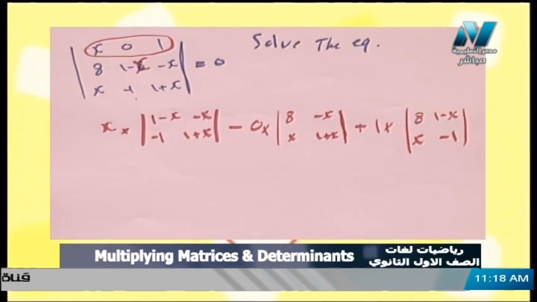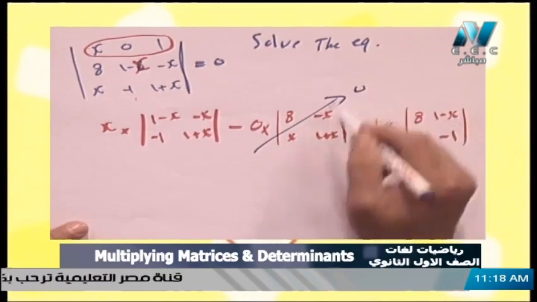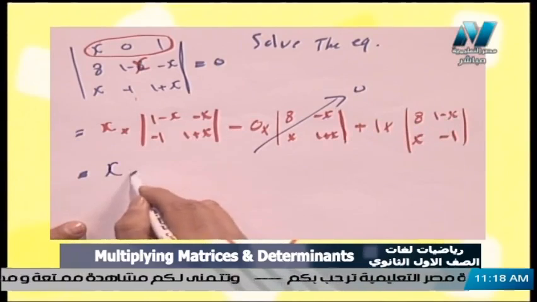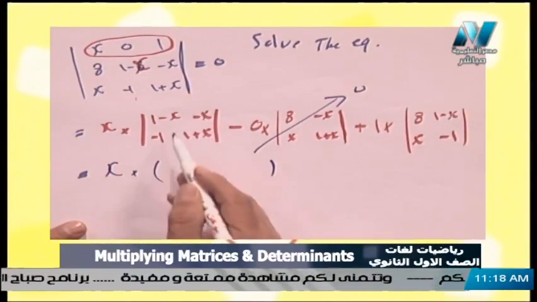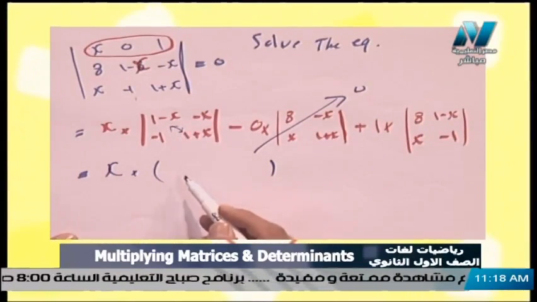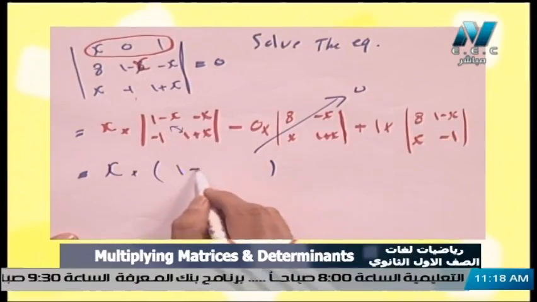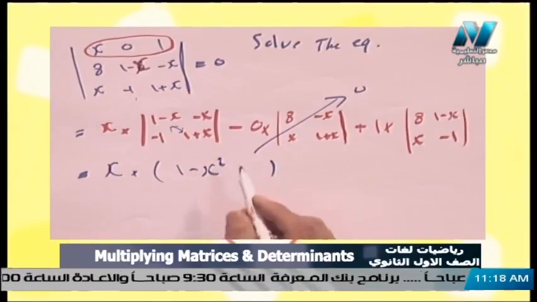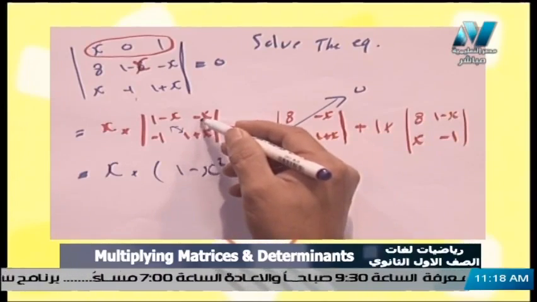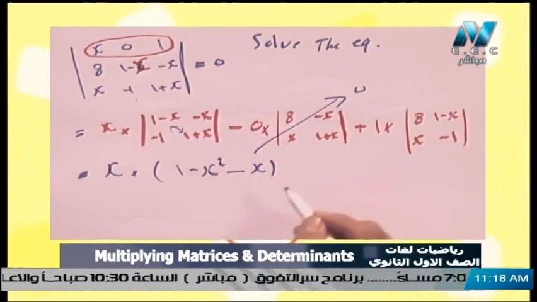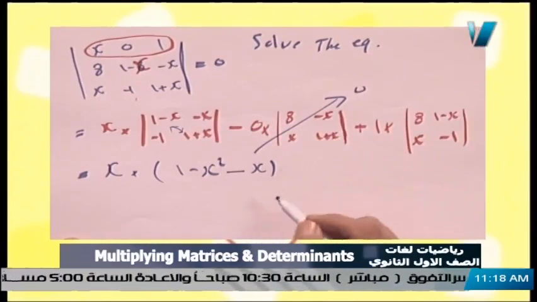Now this part will be equal to 0. We will concentrate on this one. X multiplied by what? The principal diagonal, 1 minus x times 1 plus x, will be 1 minus x to the power 2, minus -x times -1 equals x, and this one will be 0.